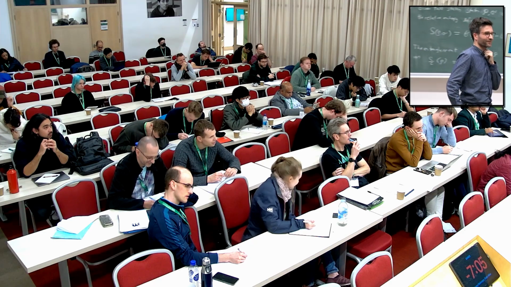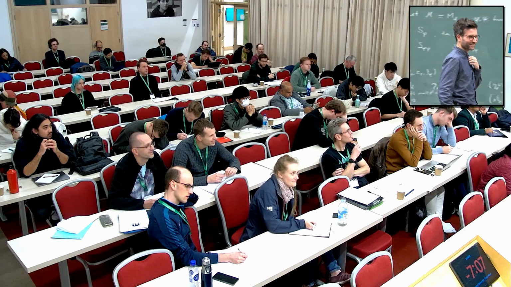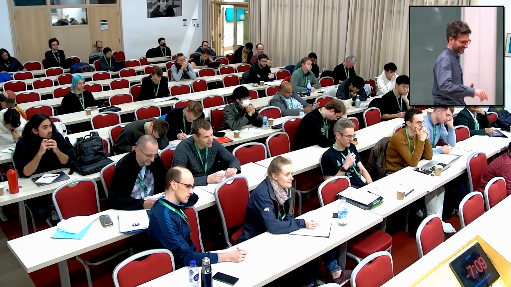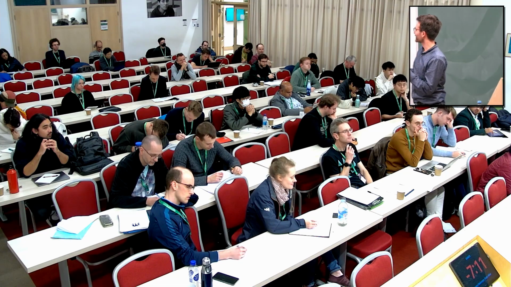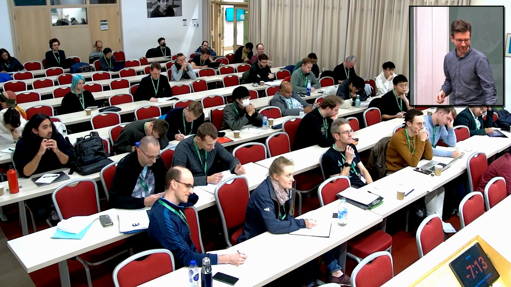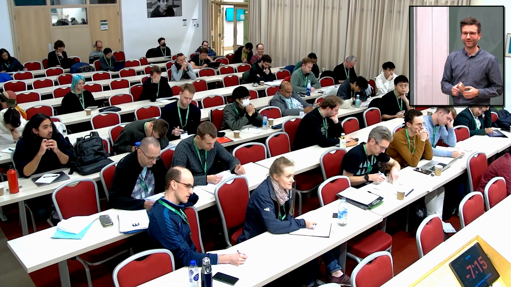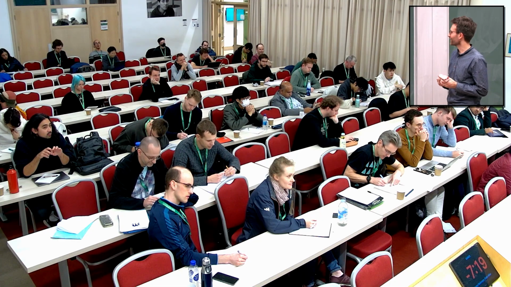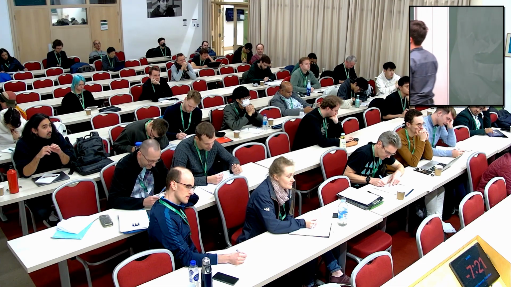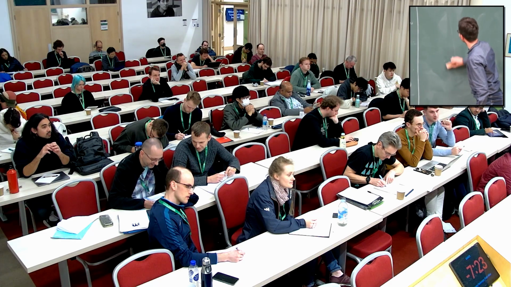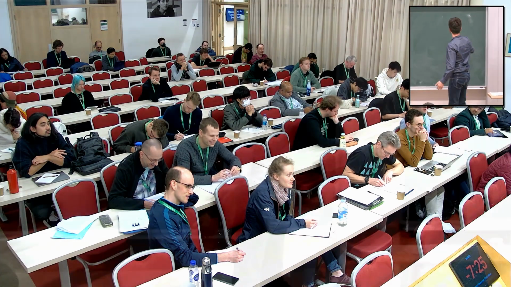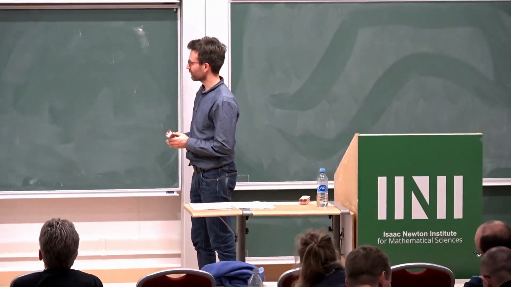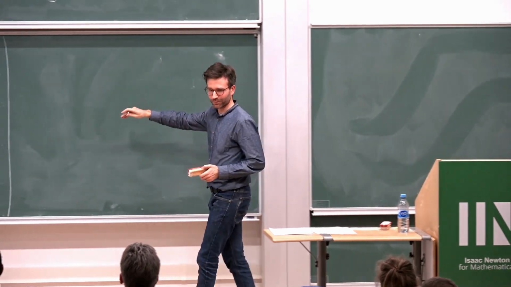So maybe we should try and gather some results. I see people are very keen on carrying out the computations. That's nice to see. Maybe the first step we'll do together.